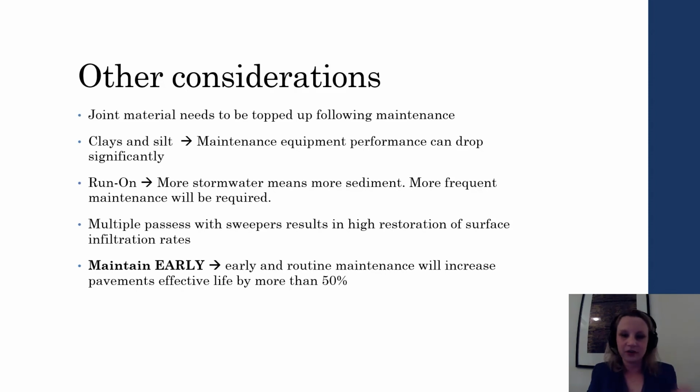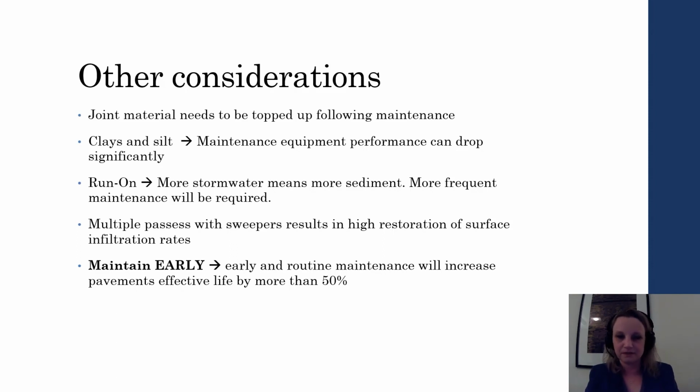So soil that could have blown in over time, and it had a fair bit more clay and silt in it and was much more cohesive. And the effectiveness of the maintenance dropped significantly. So in the presence of cohesive, high organic, fine silts and clays, maintenance is going to be more challenging, and you may need to do more passes or spend more time to get that restoration that you're trying to achieve.